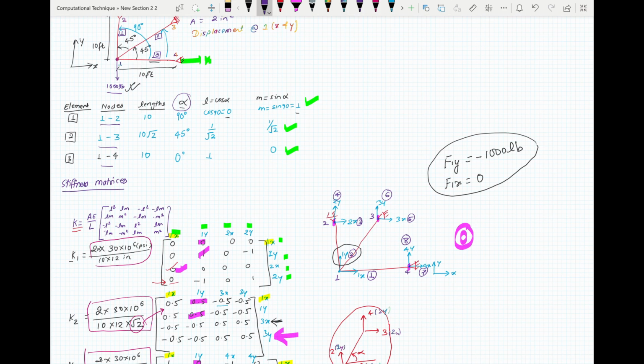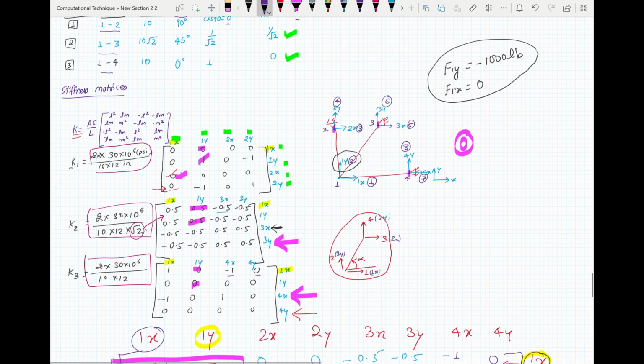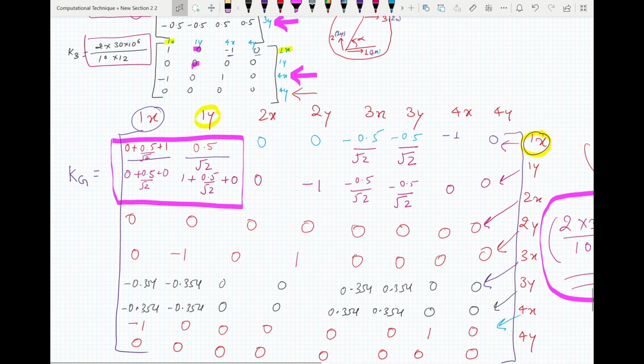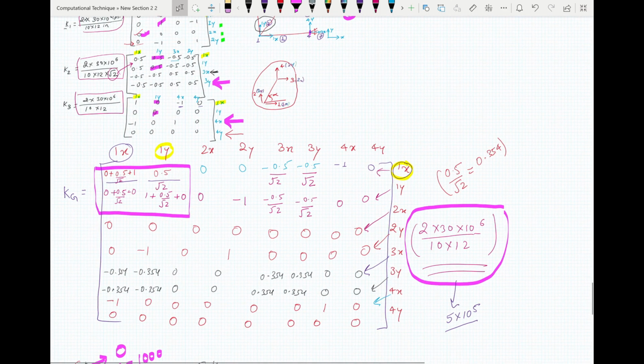And while you are forming your element matrices, just be careful on the degrees of freedom. And also, while forming your global matrix, be careful on the degrees of freedom, because you have to add those degrees of freedom which are similar.